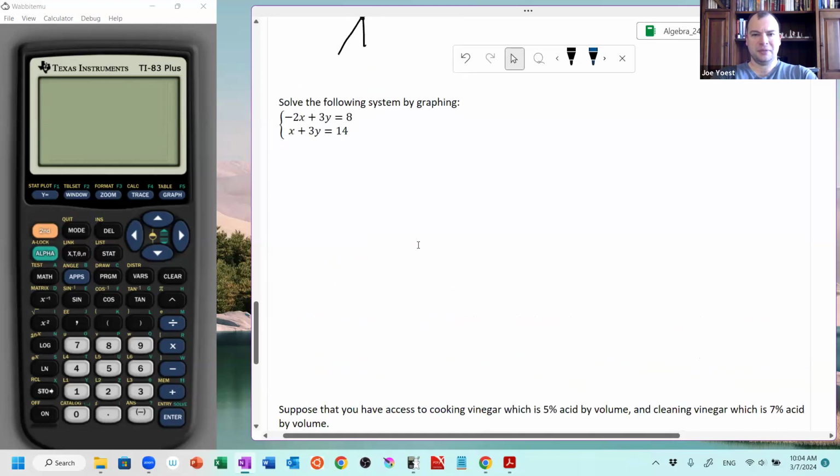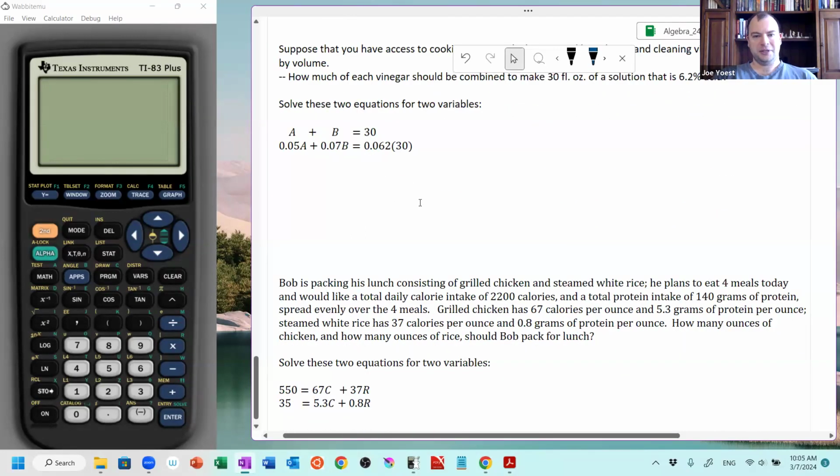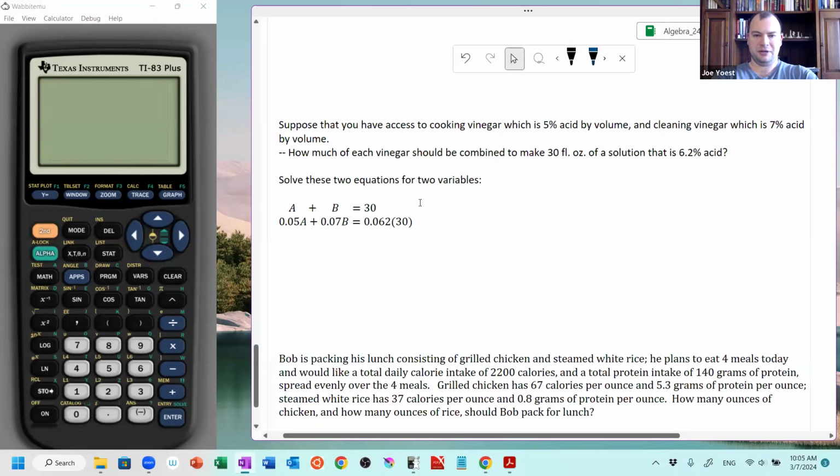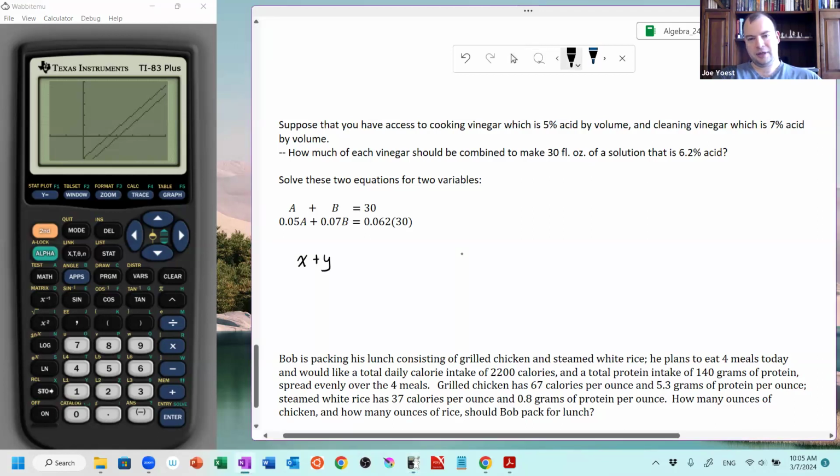Okay, we'll maybe finish up a couple of these problems next time. But let's quickly look at, for instance, this vinegar question and see if we can get a solution using the calculator for this problem. So here I'm going to rephrase this as x plus y equals 30.